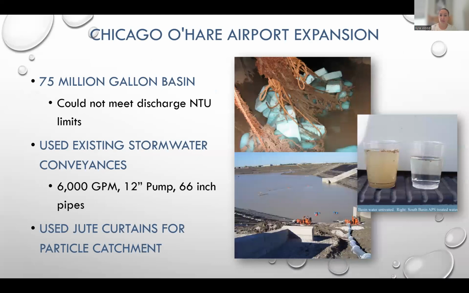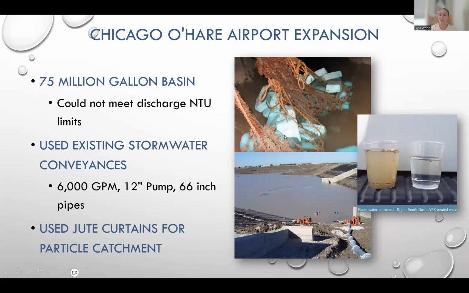We did an airport expansion. It was a $75 million basin. They weren't able to meet the discharge limits, so we used the existing conveyances that they had installed for stormwater. In this case, it was a 6 minute, roughly 5-foot diameter pipe. You can see there were probably 24 flock logs tied together in that pipe.